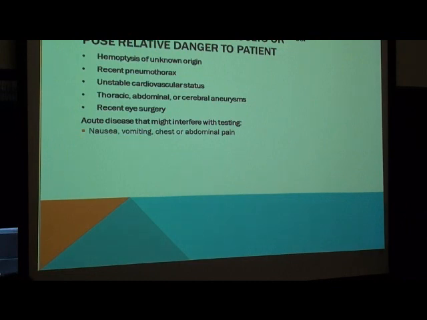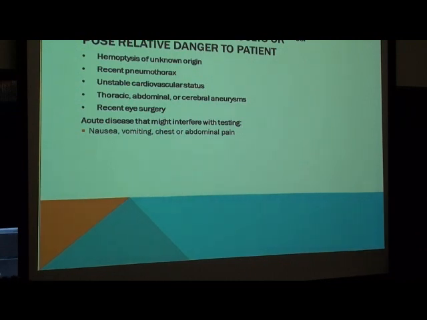But there are some other conditions that can affect the validity of the results or pose a relative danger to the patient. Hemoptysis of unknown origin, recent pneumothorax, unstable cardiovascular status, thoracic, abdominal, or cerebral aneurysms, and recent eye surgery.